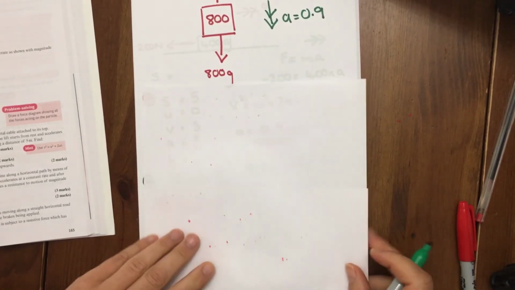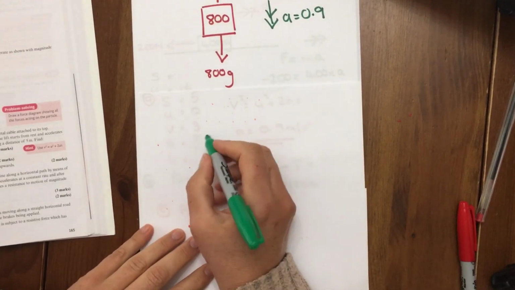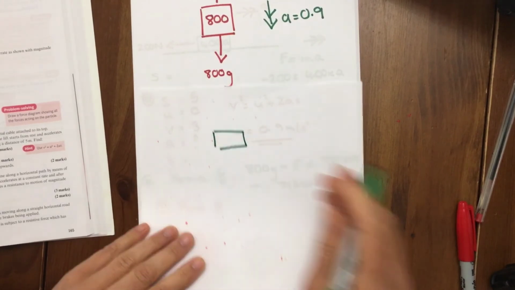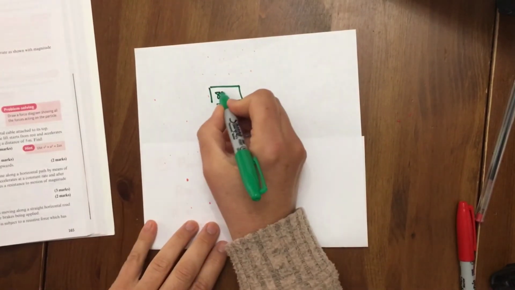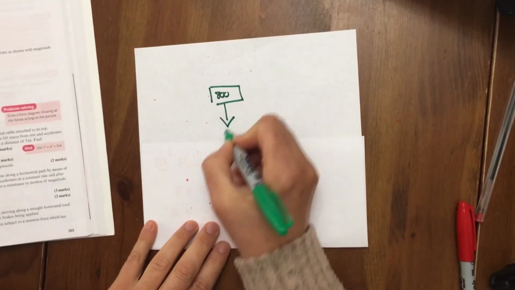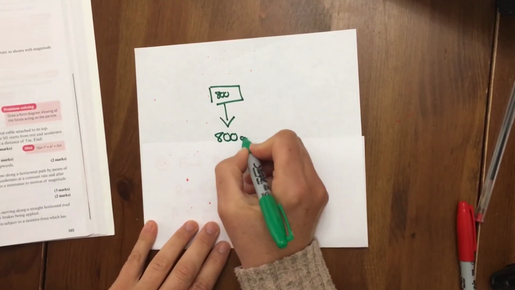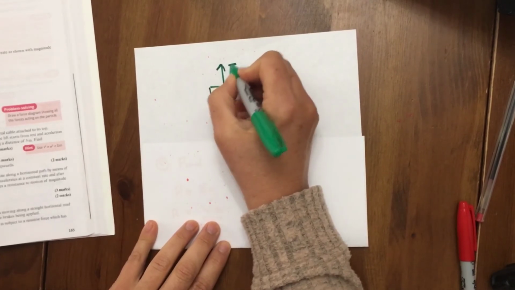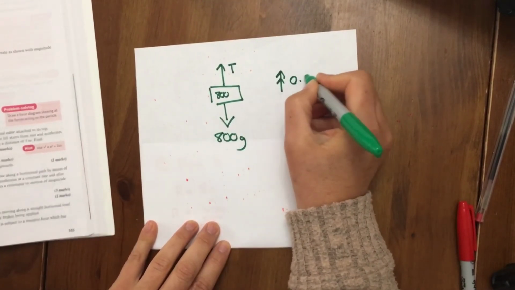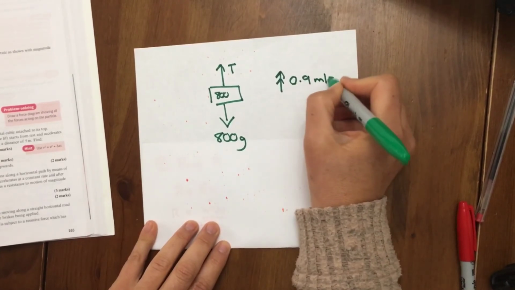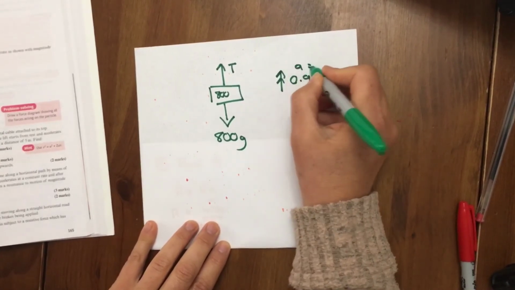Okay, now let's imagine it was now going the other way. So let's look at my new diagram. So I've got 800, start off with a clean sheet here I think. We've got 800 kilograms. I've got 800 G going down. I'm now going upwards, so my direction of motion of the acceleration is 0.9.